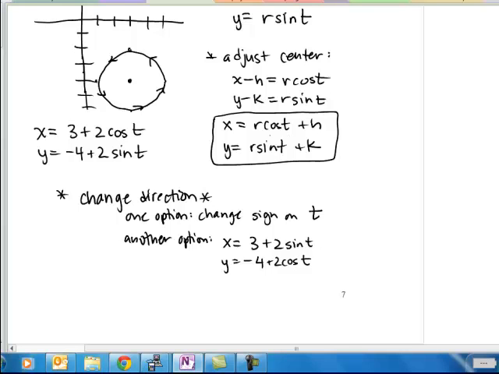So the parameterization here that I have in the box is going to be center h, k and radius r, and it's going to trace counterclockwise. We can adjust the radius by changing r, adjust the center by changing h and k, and then adjust the rotation direction by making either t opposite or switching the sine and cosine around.